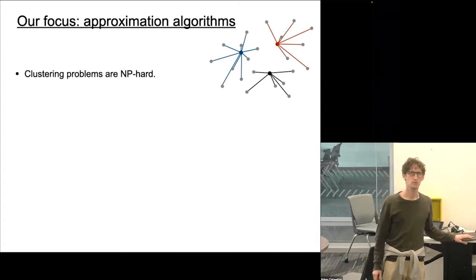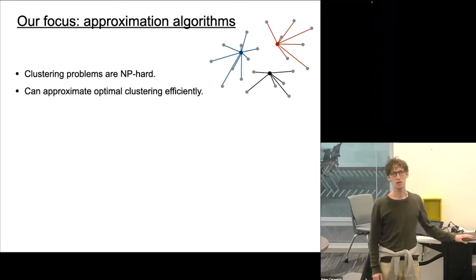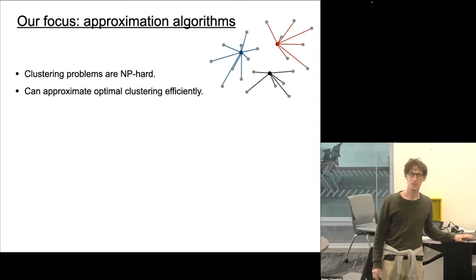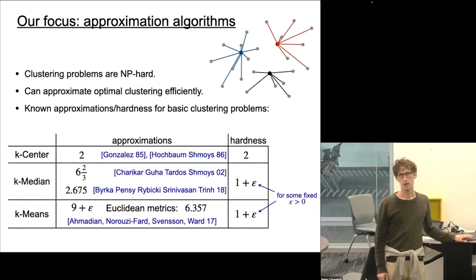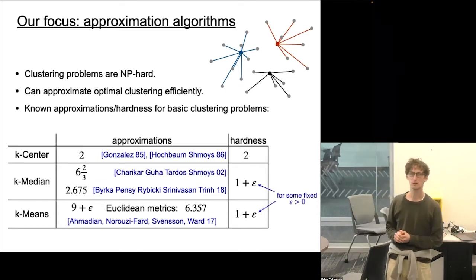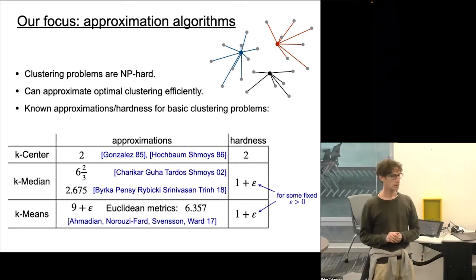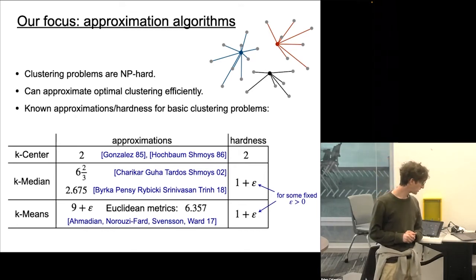Some of these problems are hard, but they can all be approximated well. You've probably seen this slide in a number of talks already. They all have a constant approximation, and they're all APX-hard.